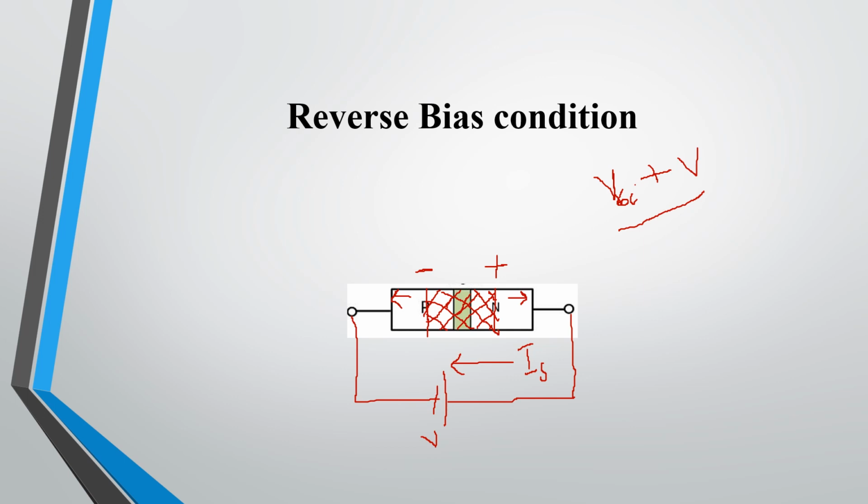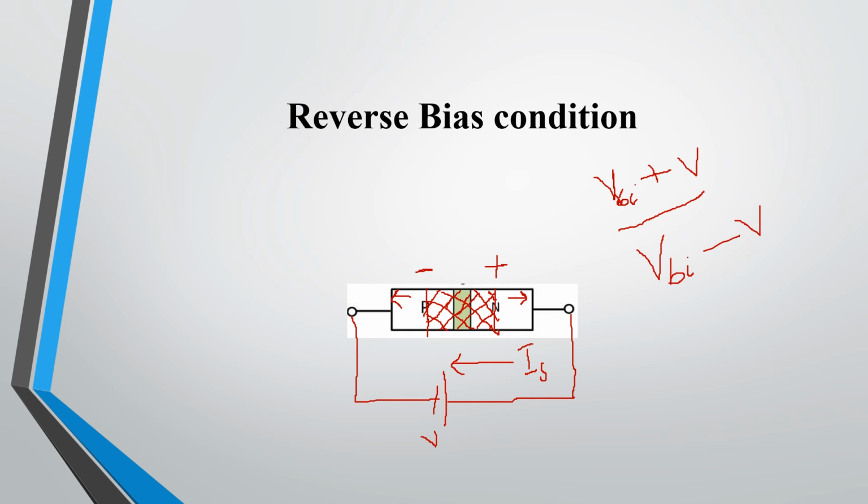Similarly, in the forward bias condition, we are applying positive to P and negative to N. We know that the barrier potential is VBI. Since the positive terminal is connected to the P type, where we have fixed negative charge, it will be VBI minus V. So under forward bias condition, our depletion region will be reduced.